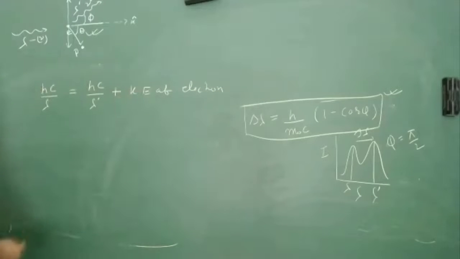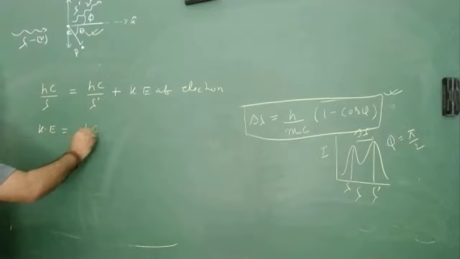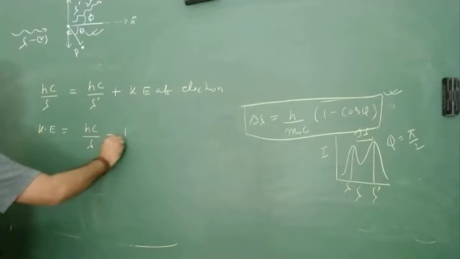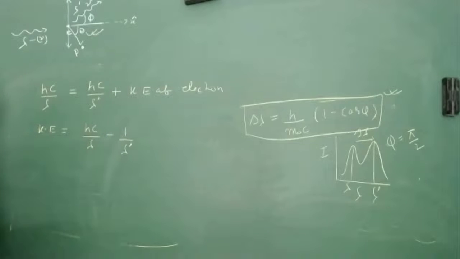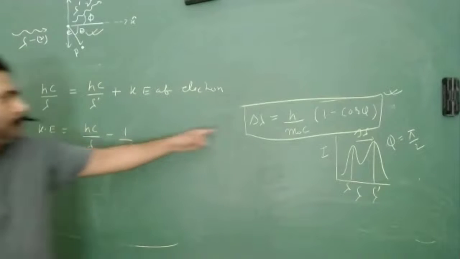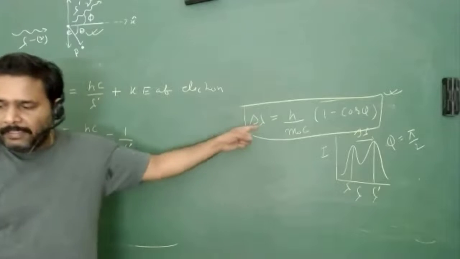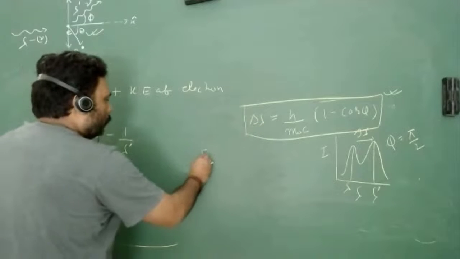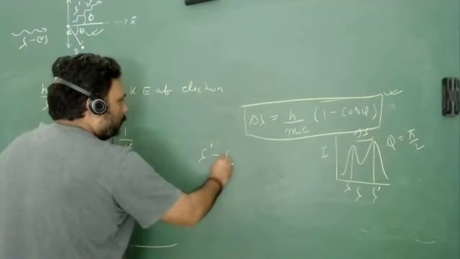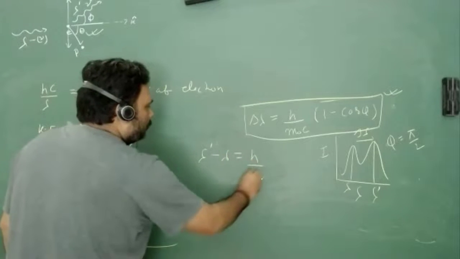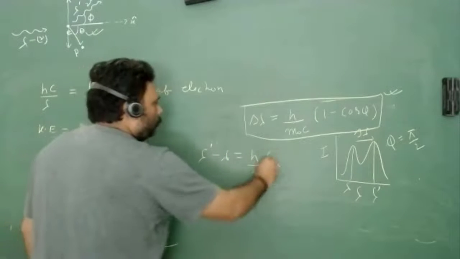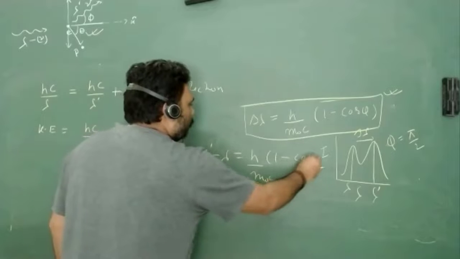So what is the kinetic energy of the electron? It is hc upon lambda minus hc upon lambda dash, and lambda dash we can find from the expression lambda dash minus lambda is equal to h upon m naught c times (1 minus cos phi).